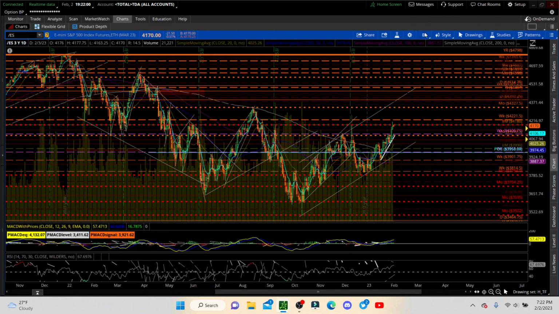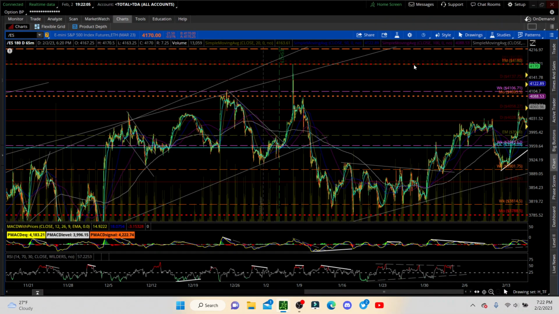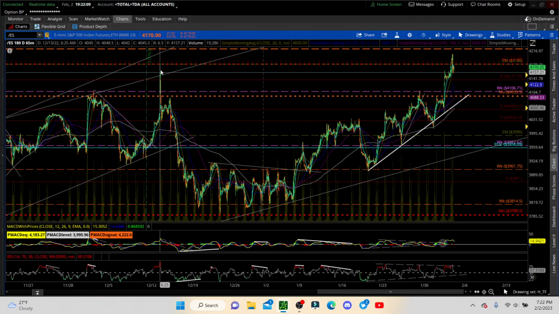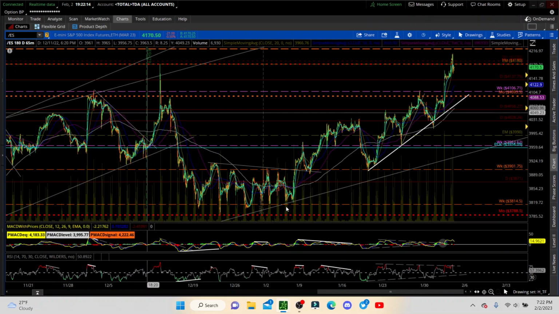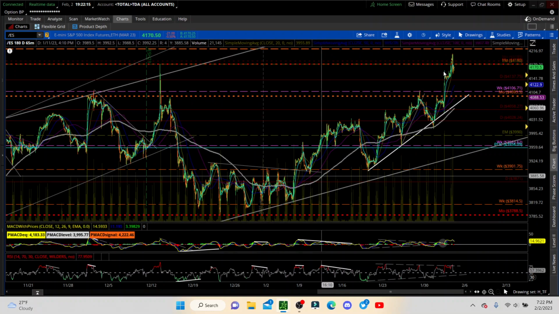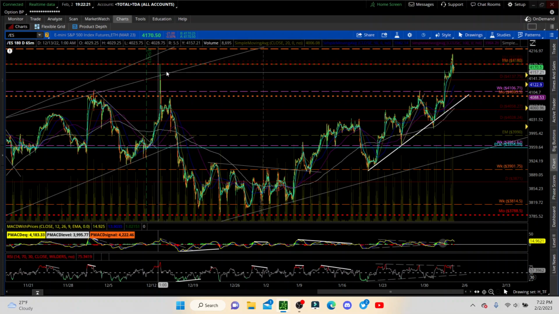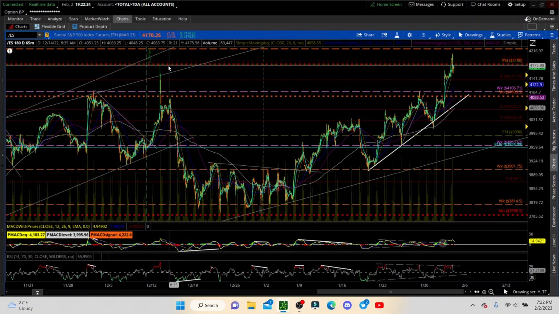Going down to the 65. All right, so we had this sharp move down after a large move up, and now we are having a second move up. We cleared that high. That was our last hurdle to complete any move to the upside.